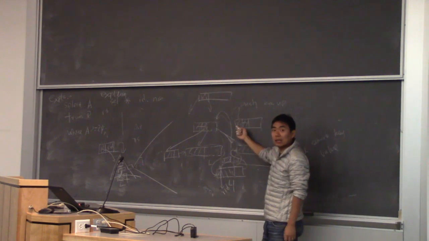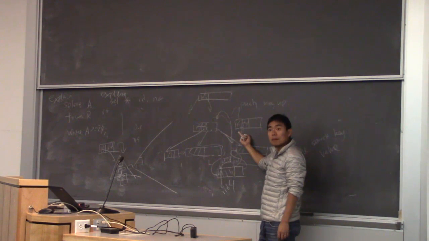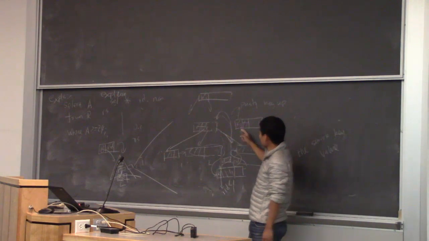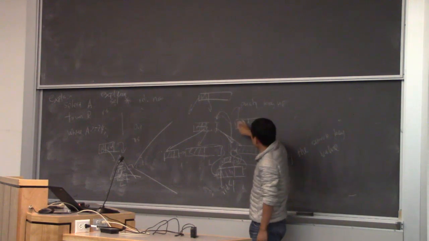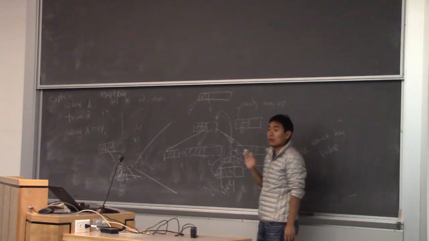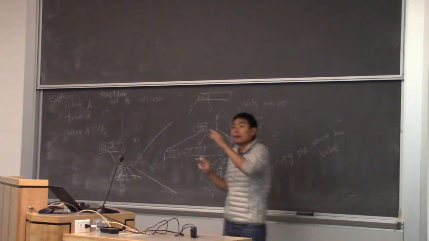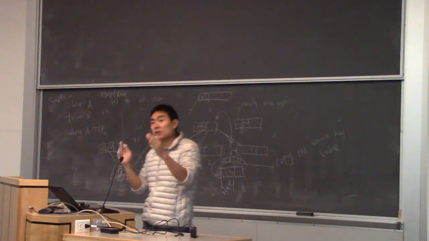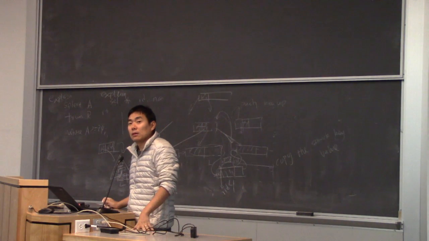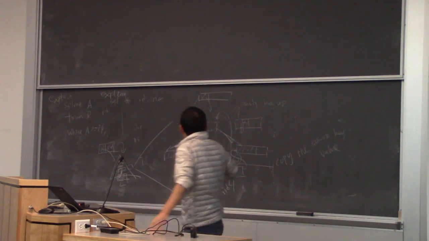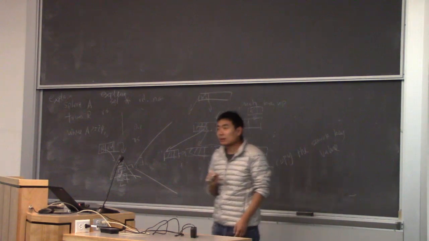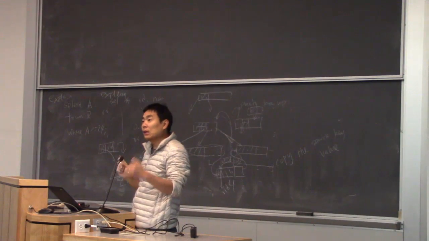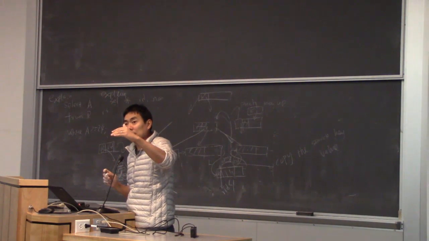Which means it has a key value and a page ID. So what happened is when I push this search key value up, I leave the page ID behind. That page ID simply becomes the leftmost pointer for that new index page. And then I make the index entry like that. So that's the only difference between leaf level split and index level split.